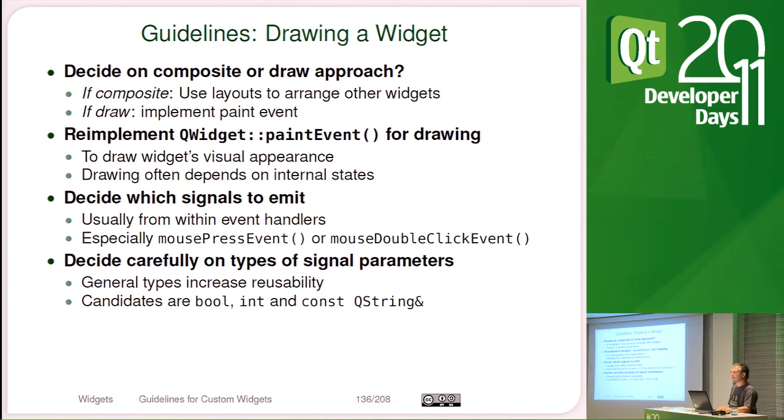This is the place where you draw your widget completely. Within the drawing, in the paint event, you have to think about internal states. Maybe your widget has a property selected or not selected, then you draw it in this way. If it's not selected, draw it in another way.